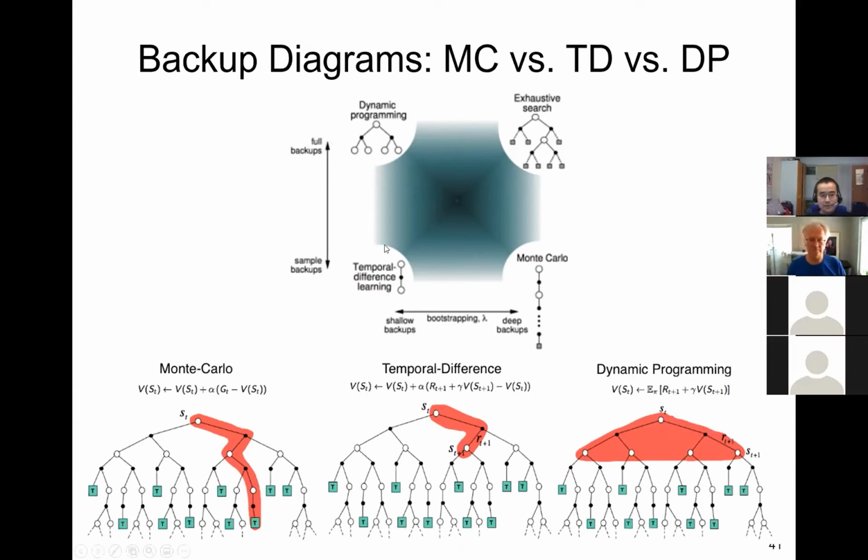So TD learning has shallow backup and sample backup, based on sampling. Whereas Monte Carlo is sampling and deep backup; you run till the end of the episode. Dynamic programming is a full backup, but it's also shallow, a one-step backup. Whereas exhaustive tree search is a full backup and deep backup. That's typically not feasible for complex systems.